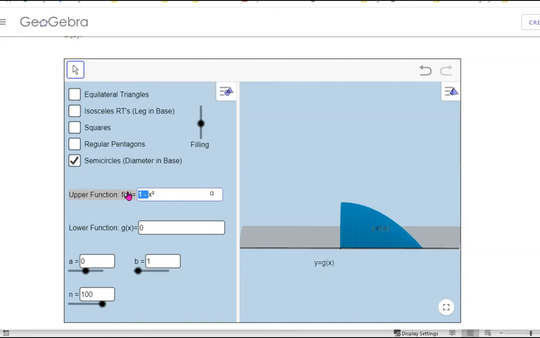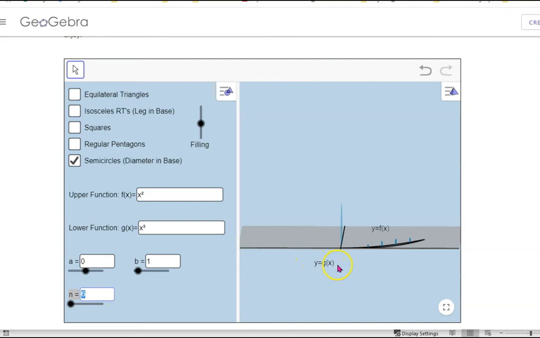That means I also need x cubed for the bottom, so I enter x to the power of 3. We also want to go from 0 to 1, and let's put on a smaller number of boxes. 100 seems a little bit of overkill. Let's put on 6 boxes again so that we can see what it looks like.